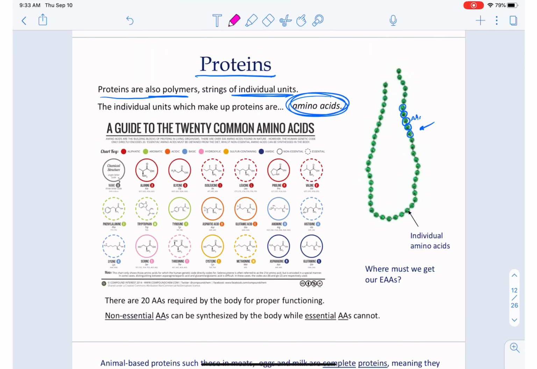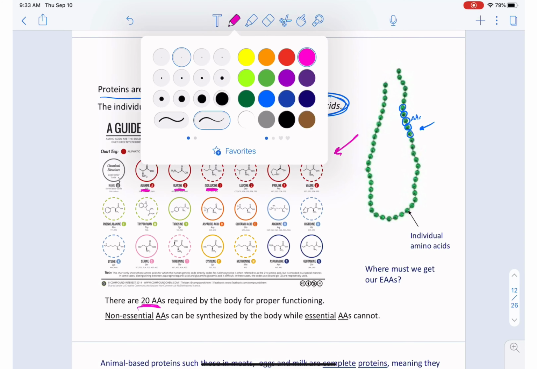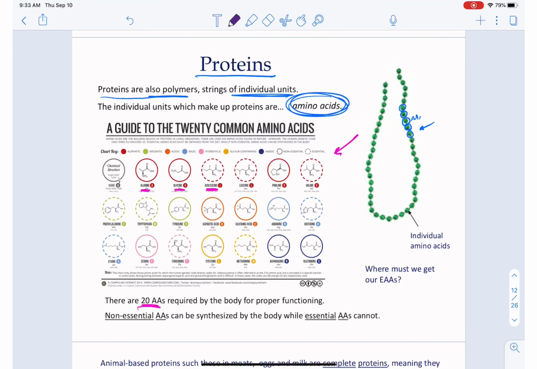And there are 20 amino acids that are required by the body for proper functioning. And these are those 20 amino acids there. Things like alanine, glycine, isoleucine. We can divide these amino acids up into 2 different categories. One of those is non-essential amino acids.